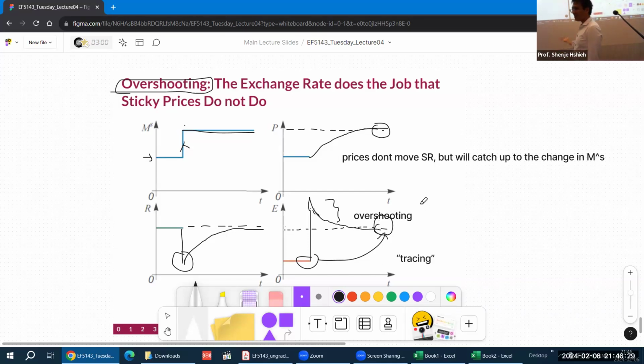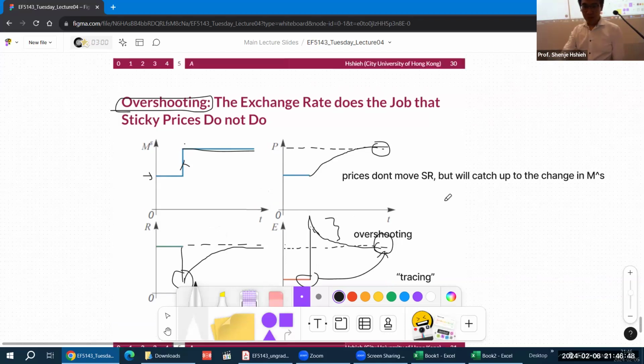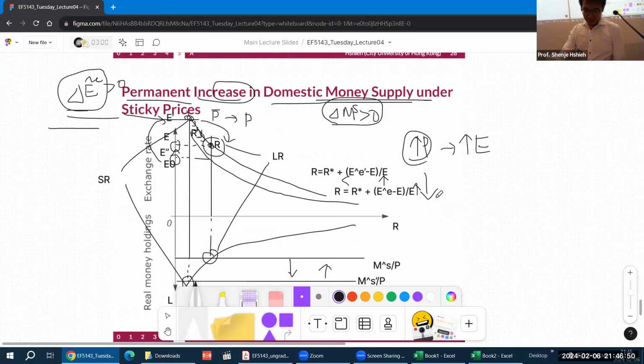Which makes sense, right? Because more money in the system means everything is more expensive, and that shouldn't exclude foreign assets as well, okay? And therefore, exchange rate traces prices. Okay.